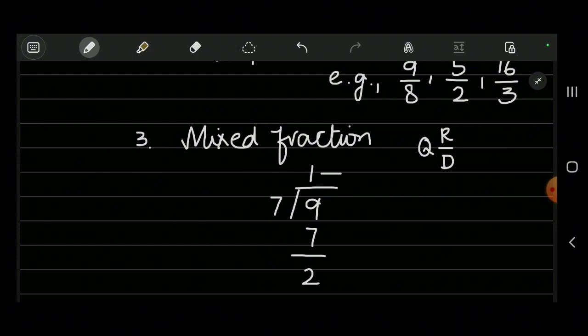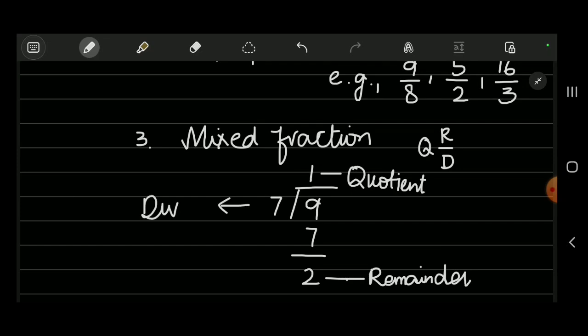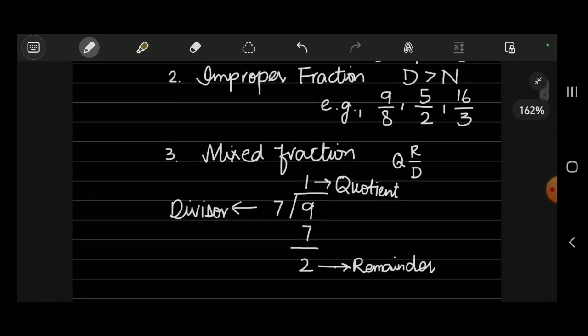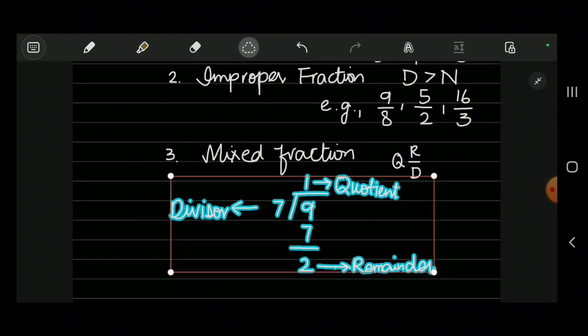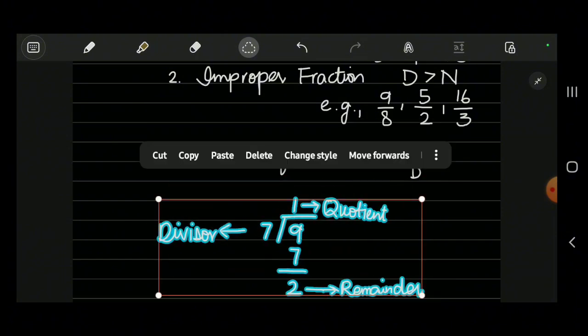So this is your quotient, this is your remainder, and this is your divisor. This is how we can get a mixed fraction.